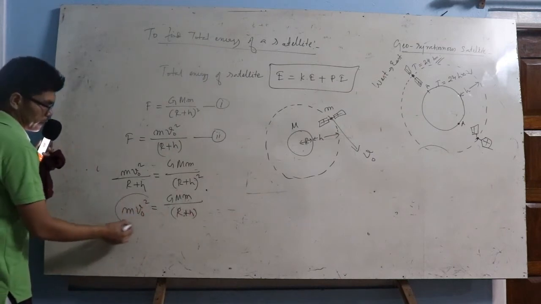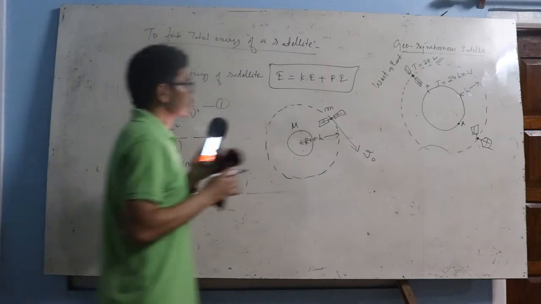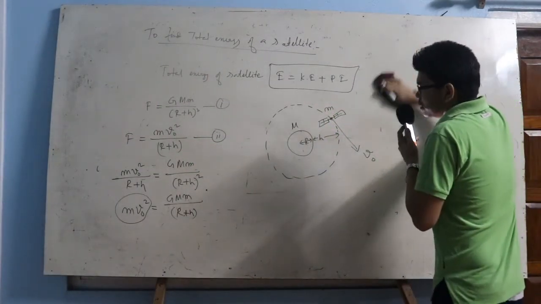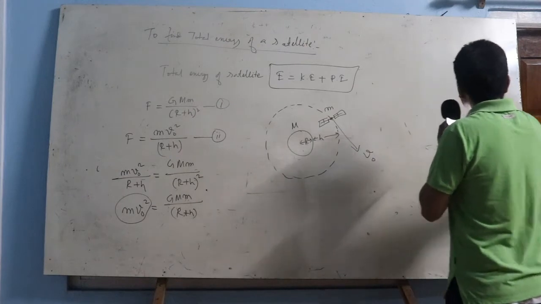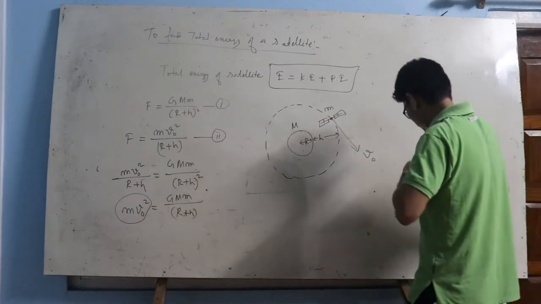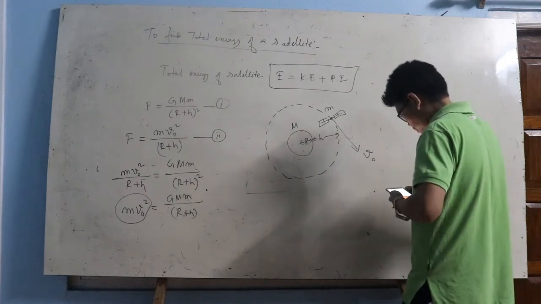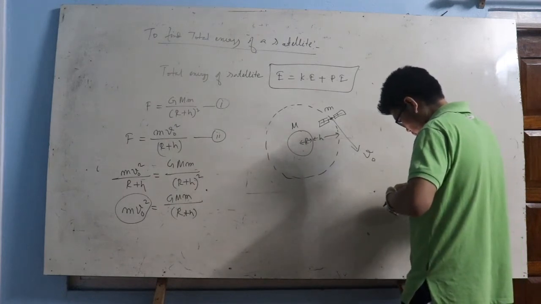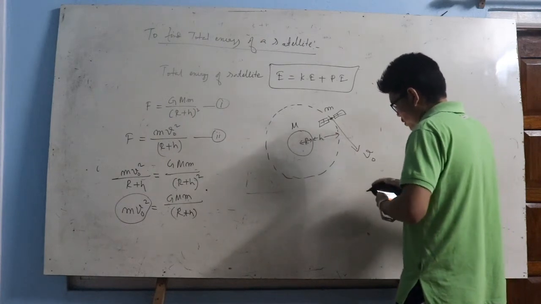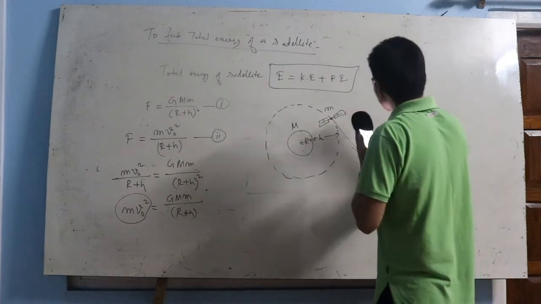So you have this mvo square. So if you multiply by 1 by 2 on both sides, you get this.